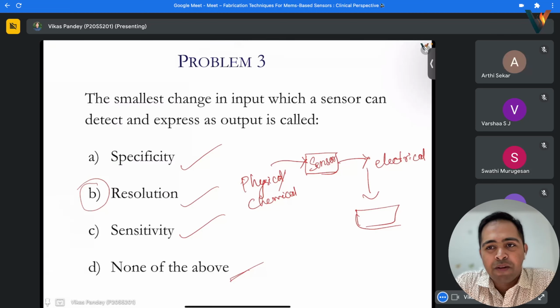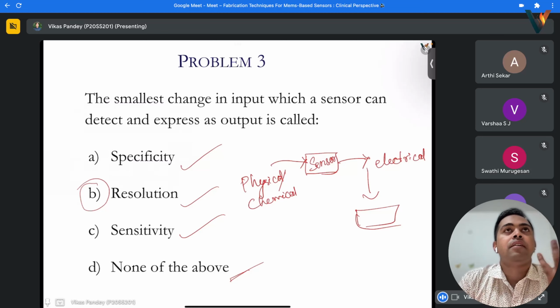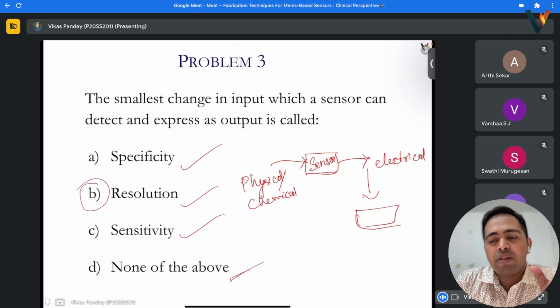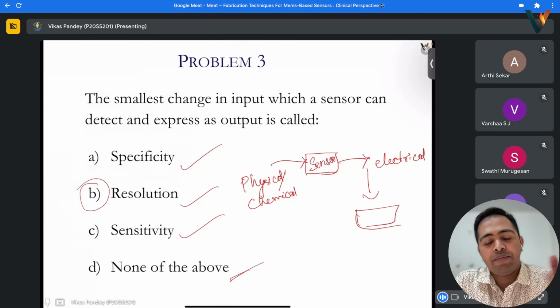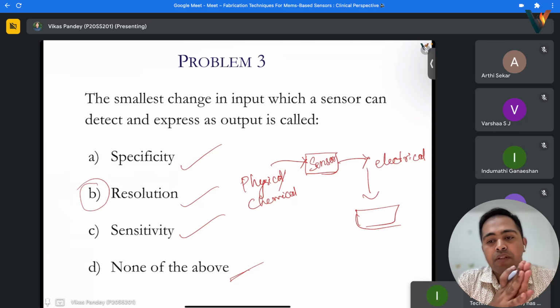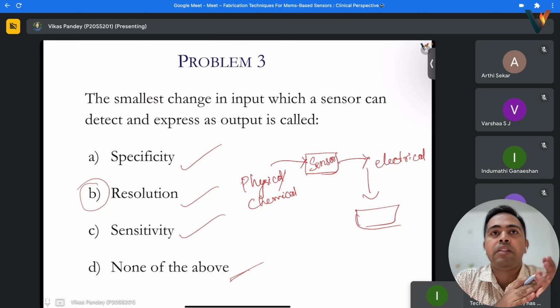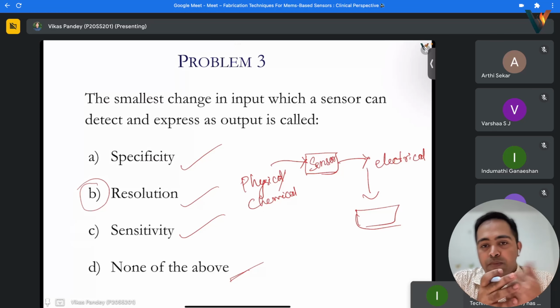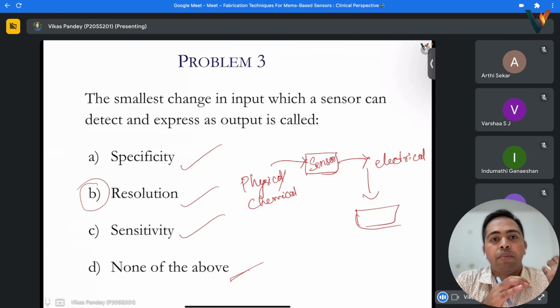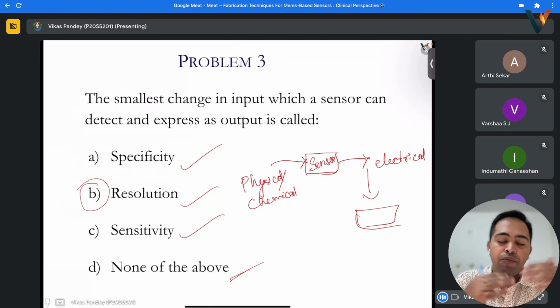Okay, so there are basic sensors we use in daily life also. Let's go to very simple sensors. If you have an AC in your house, you must have seen that the temperature is displayed, and according to the temperature, the AC will either increase the speed or decrease the speed.